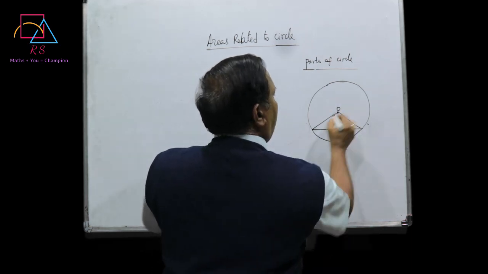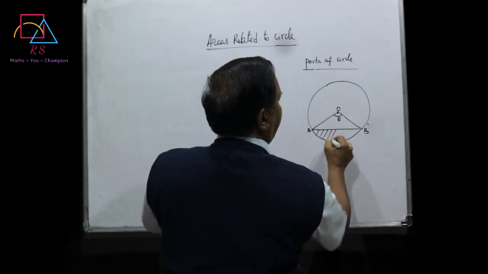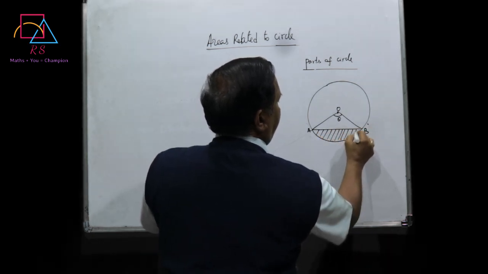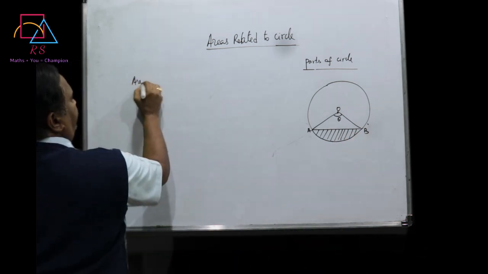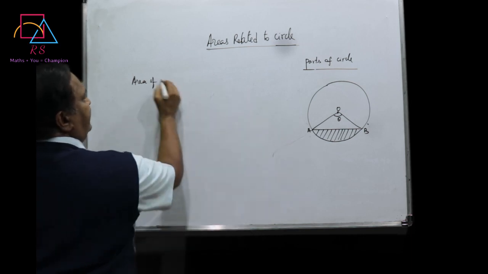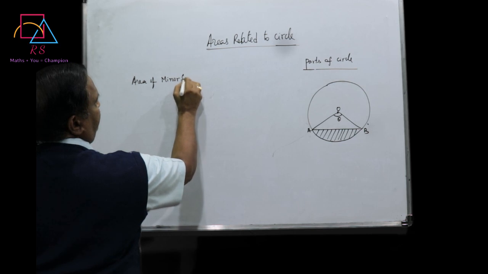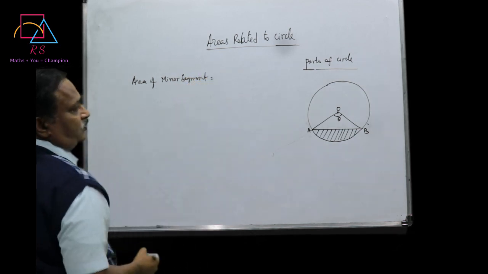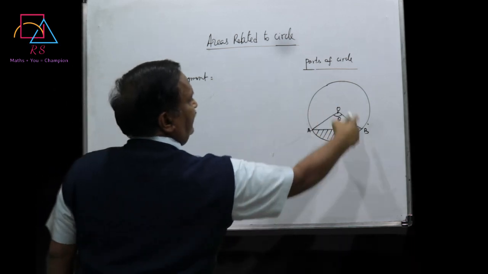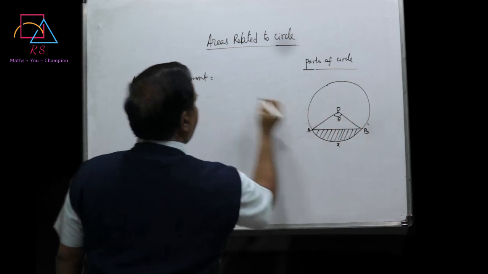Okay. So now our target is to find out the area of the segment. This is the shaded part. Area of a segment. Now this is minor segment, area of a minor segment. So how? Very simple. The whole OAXB is a sector.